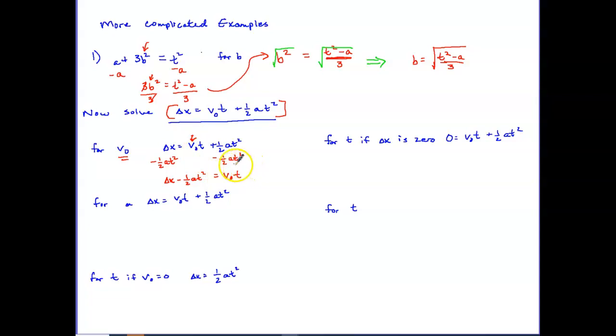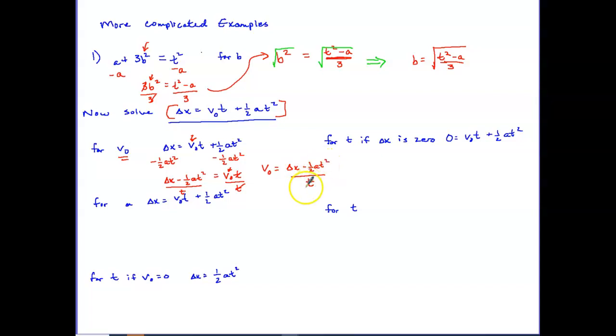Now it's pretty simple. We need v0 alone, and it's connected to t with multiplication, so we're going to divide this by t, and we're going to divide the other side by t. The t's cancel. v0 equals delta x minus 1/2 at squared over t.